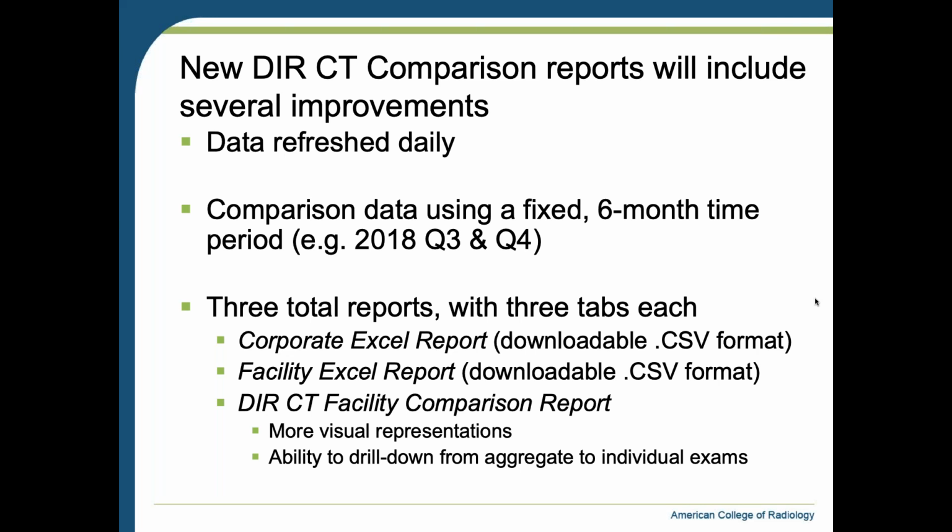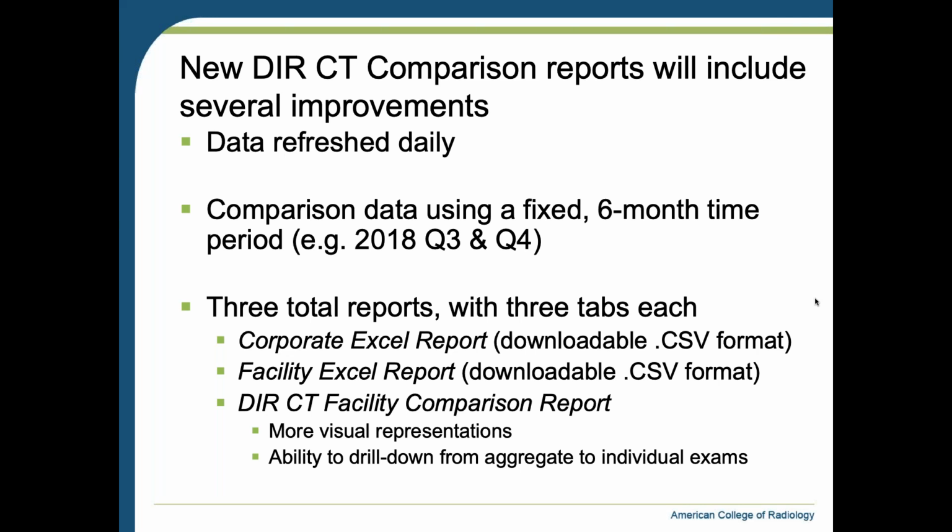For comparison purposes, the second key point is the comparison data. So when you're comparing your facility to the entire registry or other peer groups, that time frame is now going to be fixed, and it'll be a 6-month semi-annual period. And when we launch the reports next month, that'll be 2018 quarters 3 and 4.